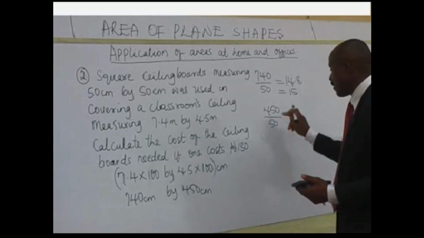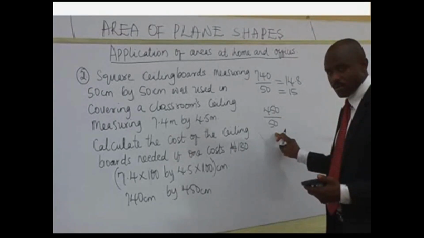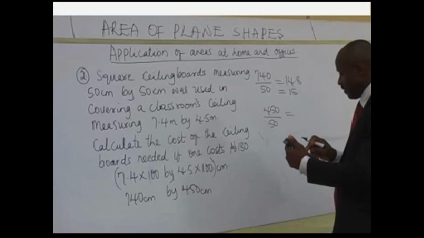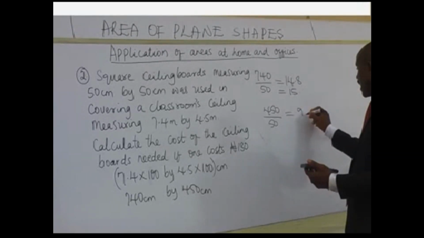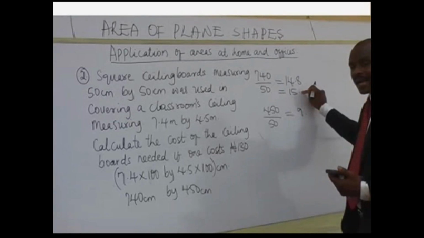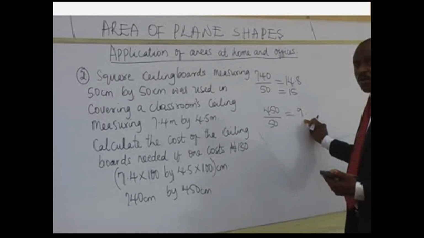You will require 450 divided by 50 ceiling boards to be able to cover the width. Let's divide 450 divided by 50. It's giving me 9, exactly 9. So this number of ceiling boards is required for the length, and this number is required for the width.